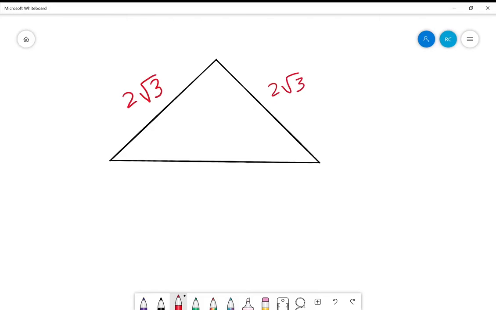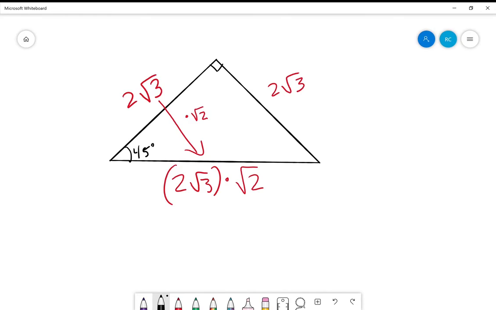And the hypotenuse is the leg, 2 times the square root of 3, times the square root of 2, just like before. Every single time you go from the leg to the hypotenuse, you are multiplying by the square root of 2. But only for 45, 45, 90 triangles.